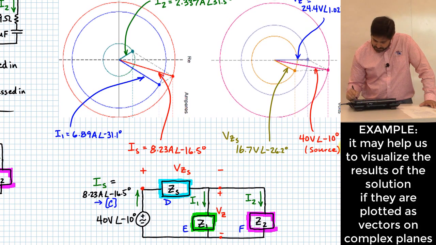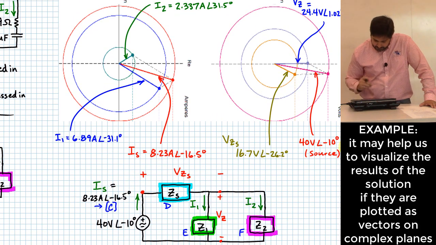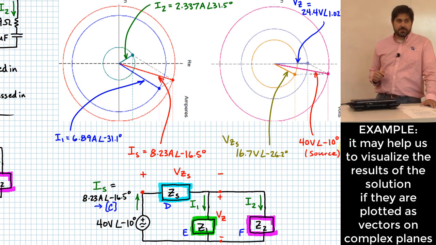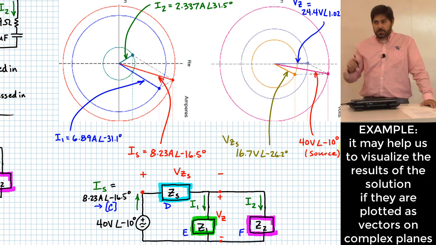During the course of our solution for this problem, we used a couple of sums. One of them was a voltage loop sum, and one of them was a KCL kind of sum, right? How do those sums look on this set of complex axes?